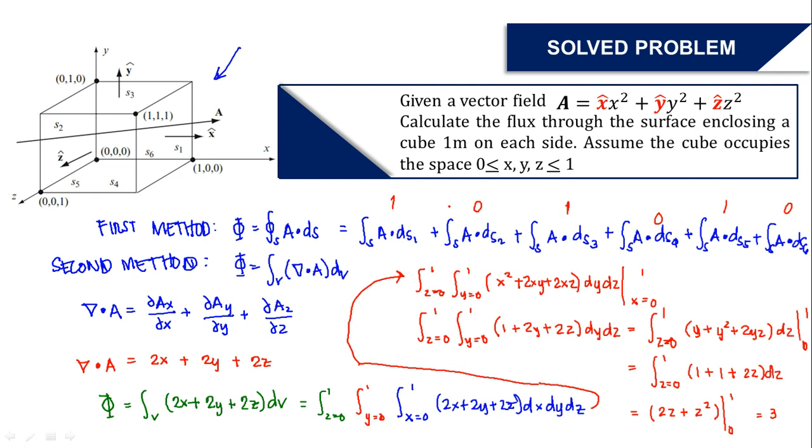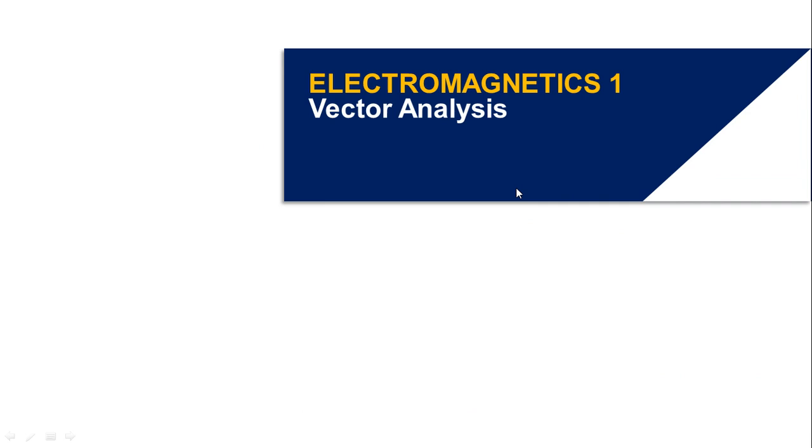Kaya ang sagot dyan actually is 3 din. No? That's proving na yung ating theory at divergence theorem, na-prove natin na yung surface integral ng isang vector through an enclosed surface equal yan sa volume integral ng kanyang divergence. Okay? So, that's it.